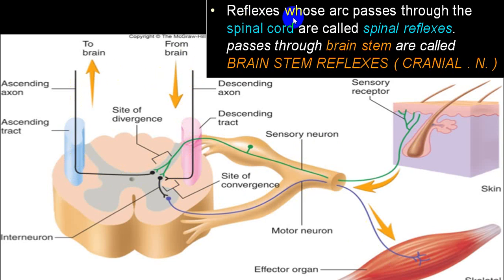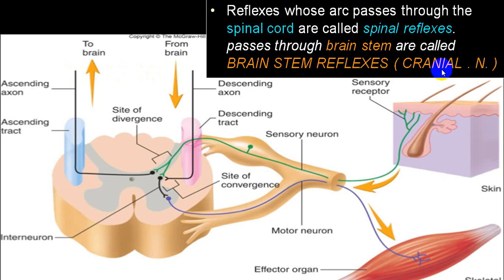So reflex whose arc passes through the spinal cord are called spinal reflexes, and if there is a reflex arc in the brain stem, then we call brain stem reflexes, or we call cranial nerve reflexes.